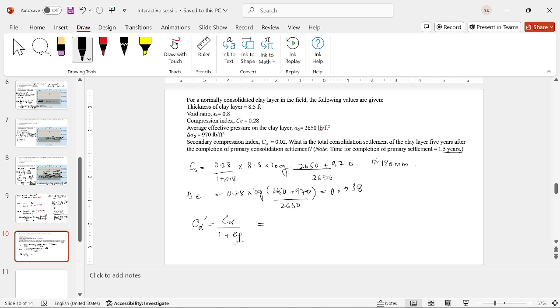This is primary consolidation. This is the void ratio after primary consolidation, and EP is equivalent to E naught minus delta E primary, which will be 0.8 minus 0.038.